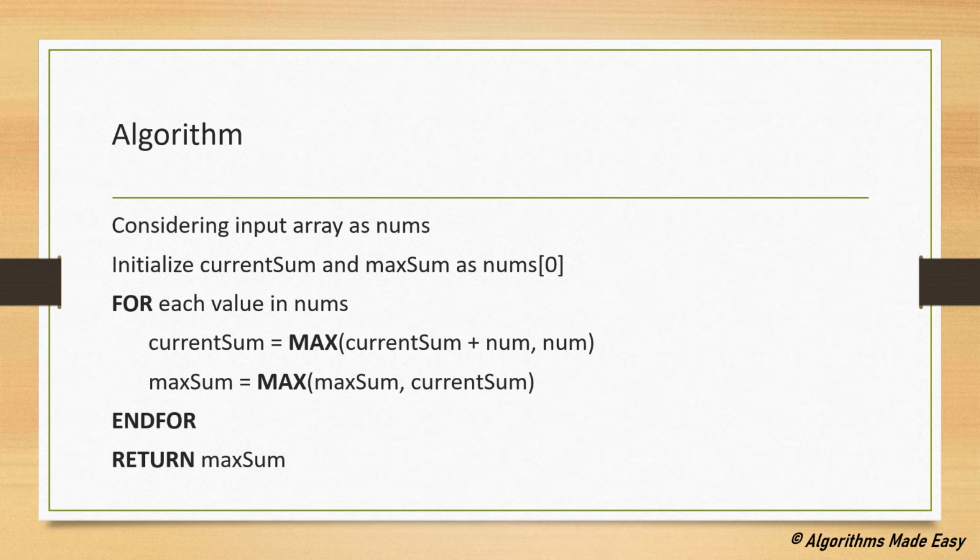Max sum would hold the global maximum sum. For each element in the array, we will update the current sum with the maximum of either the sum with the current element or the current element itself. Max sum would be the max of itself or the current sum. The result would be the max sum.